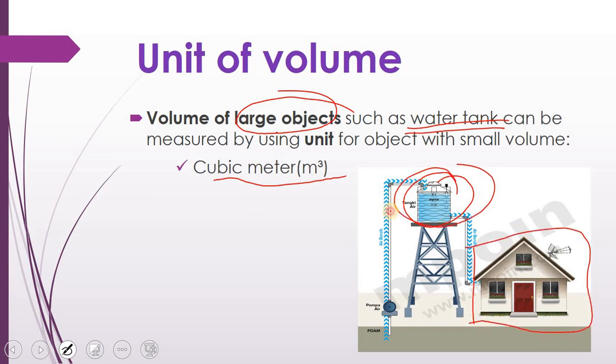So when this is big, you can't use centimeter or you can't use millimeter. Bila dia besar, kamu tidak boleh ukur dengan kotak macis. Kamu tangki air ni, kamu tidak boleh ukur macam kamu ukur kotak kasut. So that's the reason why you must use meter ataupun cubic meter for the volume.